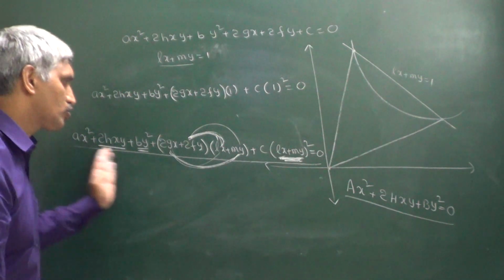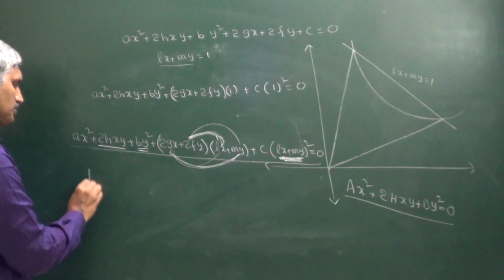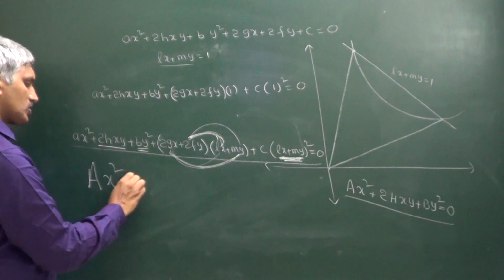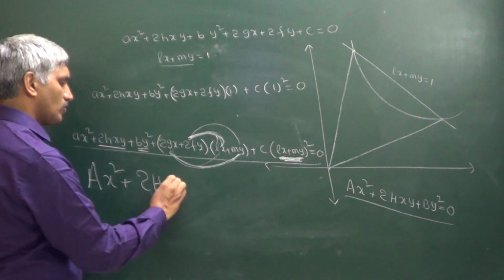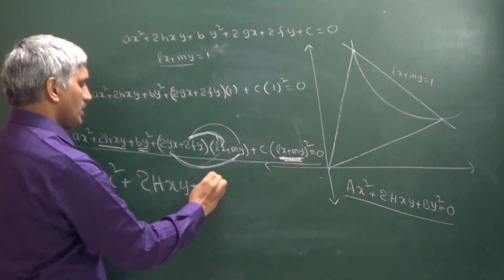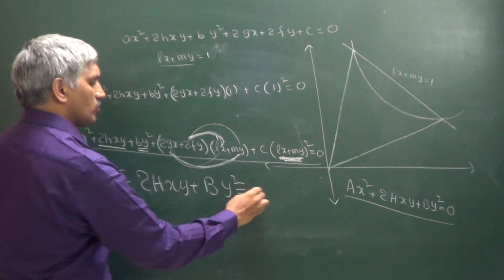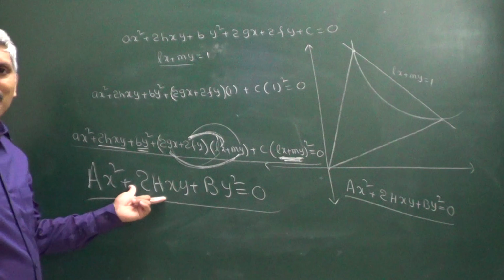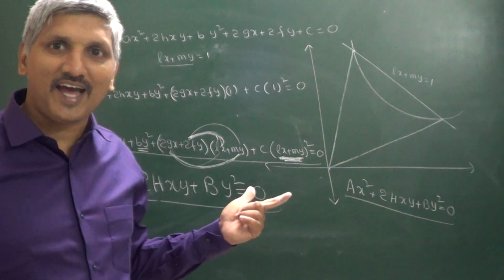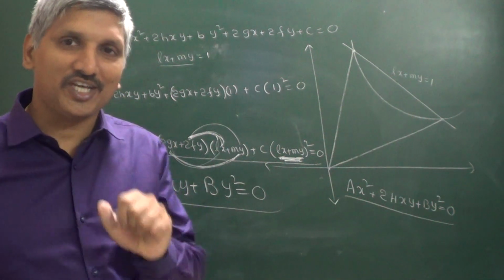That's why the total simplification must be in the form ax square plus 2hxy plus by square equals 0. This represents a pair of straight lines passing through the origin.